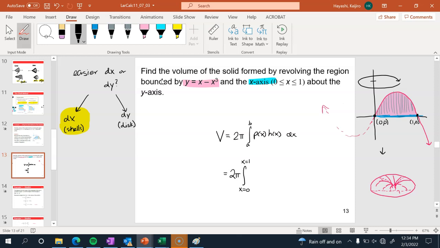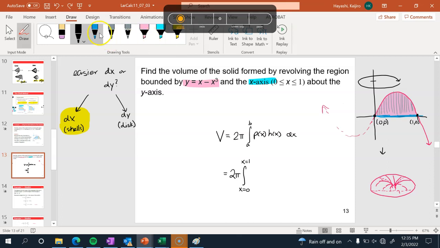P of x, since the x is just the y-axis, what describes the radius of each of these shells is literally just x, right? Just how far you are out on the x-axis is what's going to be the radius of your shell.